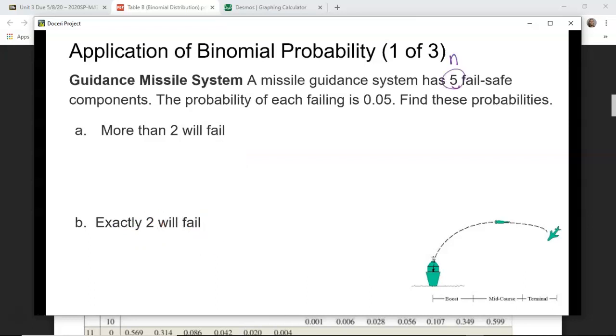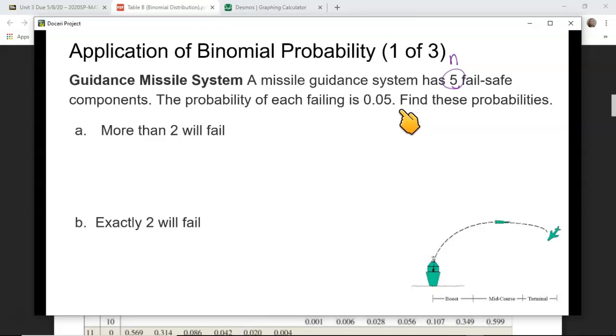So first we look at the 5. Well, that in essence is a fixed number of trials, more or less. And the probability of each component failing is 0.05. So each of the 5 components has the same likelihood of failing, a 5% chance.